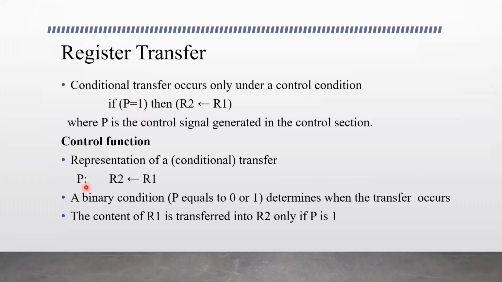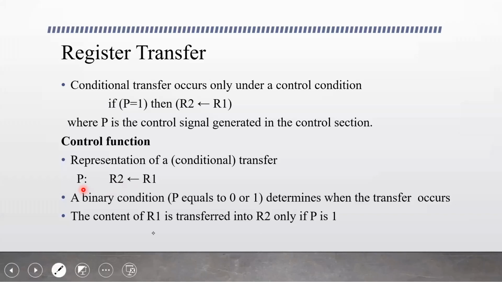The micro operation is written as P: R2 ← R1. This means perform this operation when P is equal to 1. It is a binary condition because the value of P can be either 0 or 1.